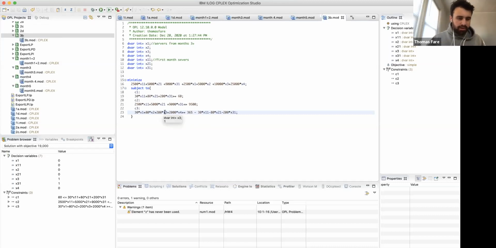And we get the optimal solution for that to be: we should buy one of the 200-person servers in the first 2 months, and then another one in month 3, so that the first server only has 60 people.